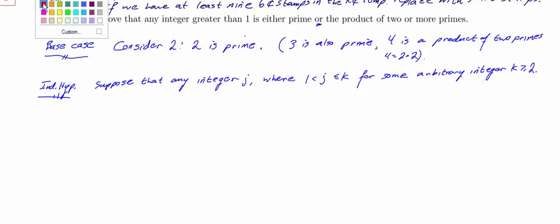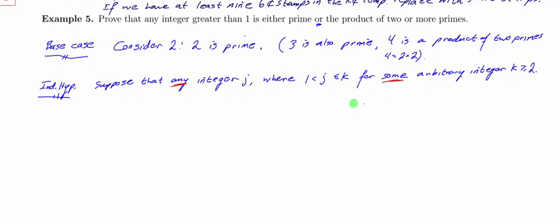But we're looking at this specific case. So any integer j in this range, but just for some integer k. So we're not assuming this is true for all integers k, but we're assuming it's true for all j's up to and including the k value under consideration currently.